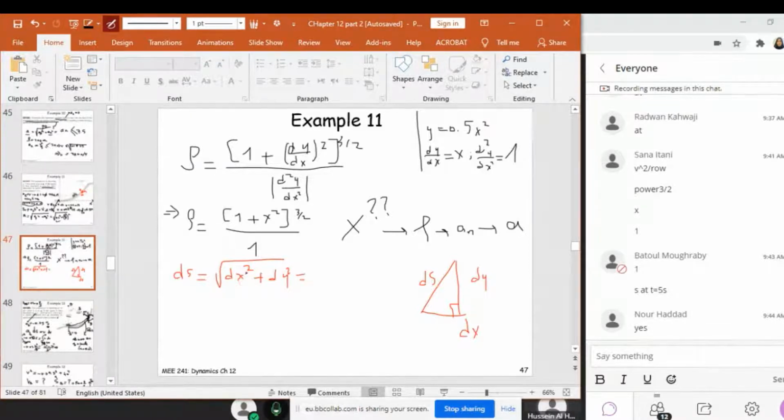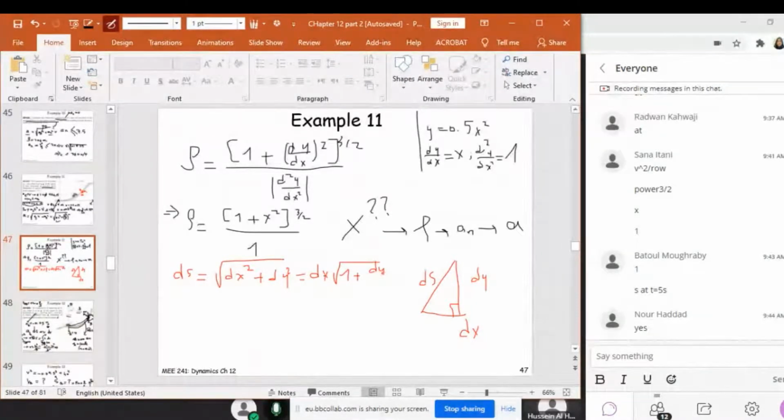Now what I'm going to do is take dx out of this square root, because what I have to find is x. So it is dx times the radical. If I take dx out of this radical, then I have to divide by dx squared: 1 plus dy over dx, the whole ratio squared.